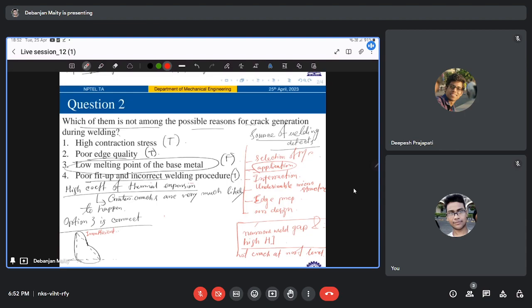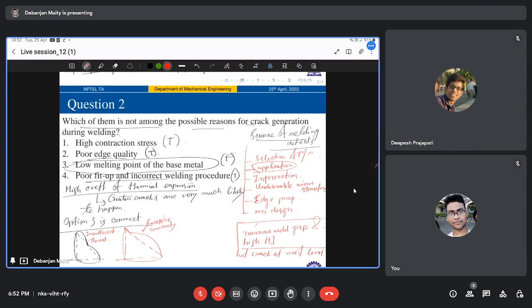The dotted one should be the ideal one, and the solid one is the actual one. Okay. Then you can have some excessive convexity in your weld profile, right?